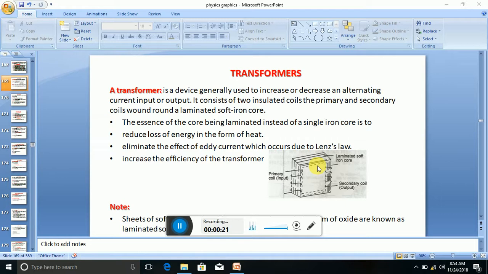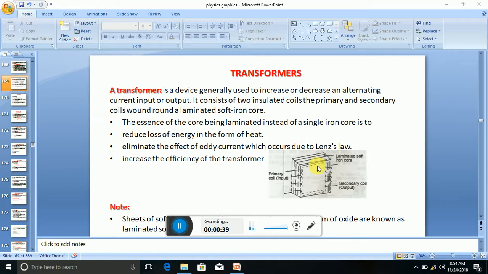It consists of two insulated coils, the primary and secondary coils, wound round a laminated soft iron core.